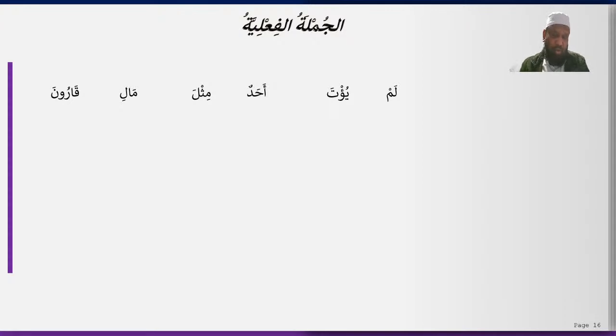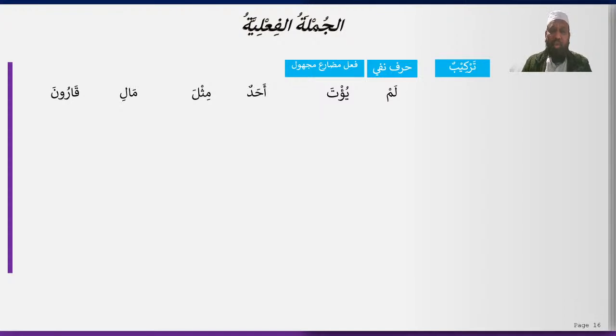It changes فعل مضارع into ماضي. لم يؤت. So فعل مضارع, is it معلوم or is it مجهول? Let's look at it. حرف نفي وجزم وقلب. يؤتى فعل مضارع مجهول.